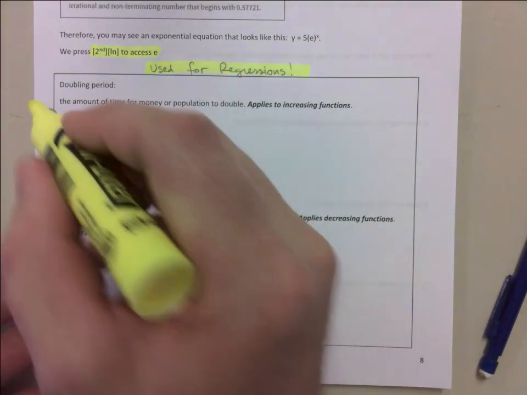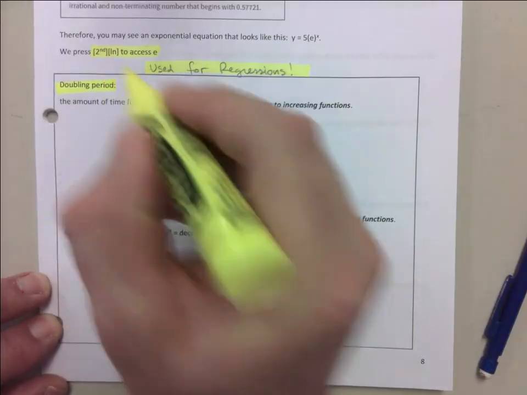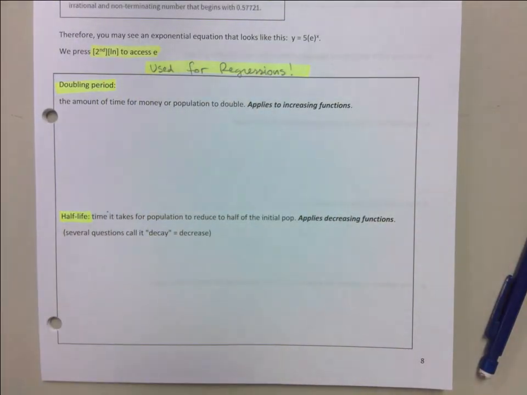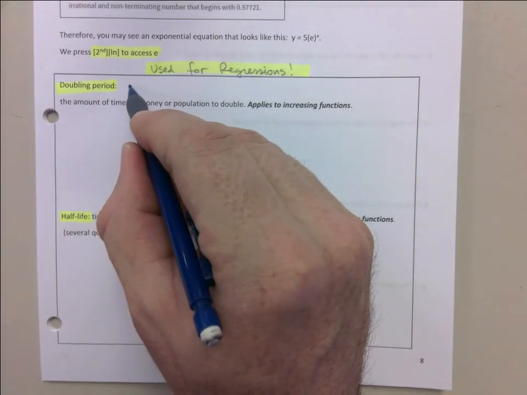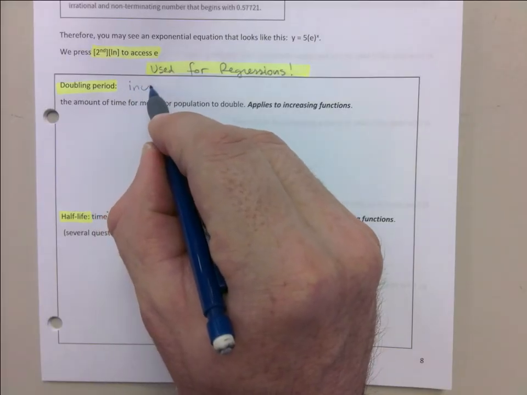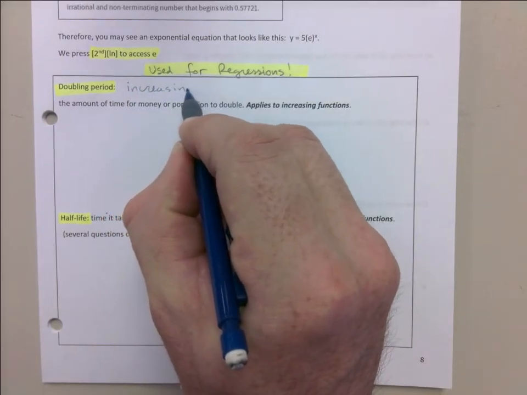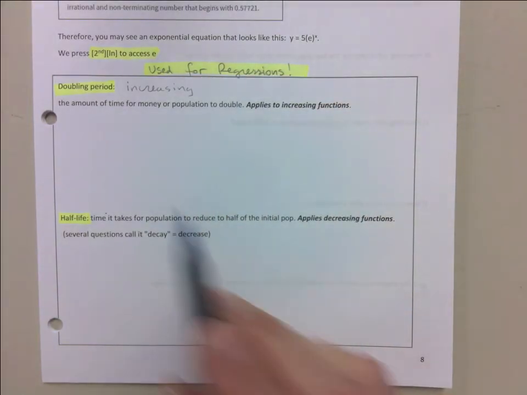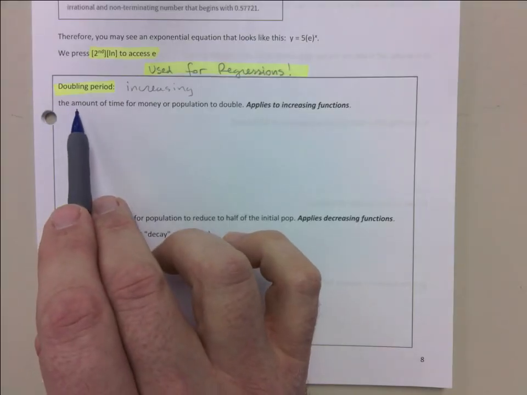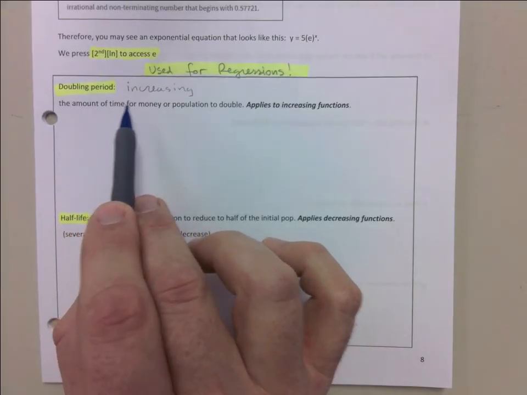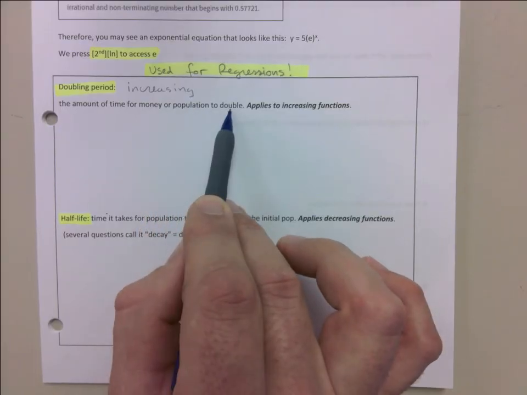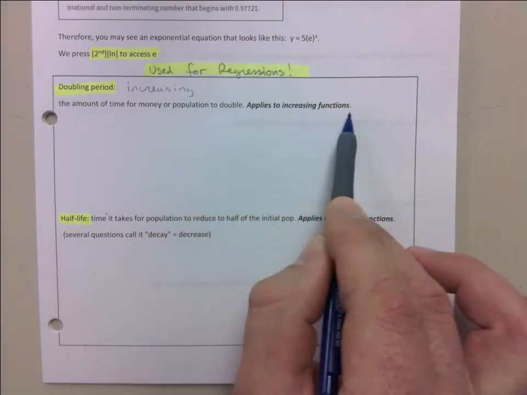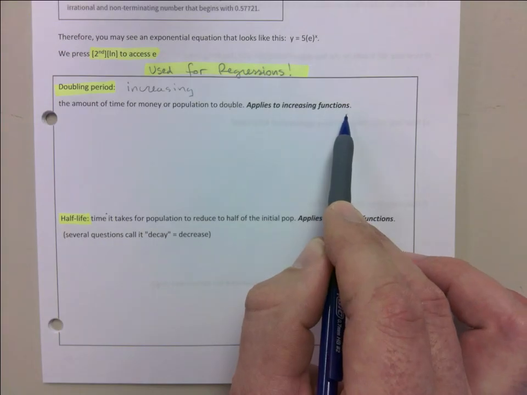I'm going to highlight doubling period and half-life. When you have doubling periods, you're having an increasing situation. Okay? And what is doubling period, guys? Is the amount of time for money or population to double. And it only applies to increasing functions.